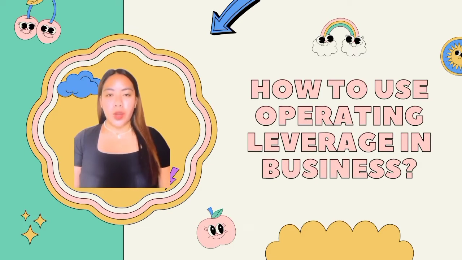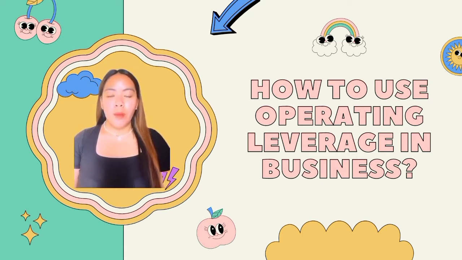So now let's talk about how to use operating leverage and its importance to a business or a company. We need to be very careful when looking at operating leverage because it can tell you a lot about the company and its future profitability and the level of risk it offers to its investors.